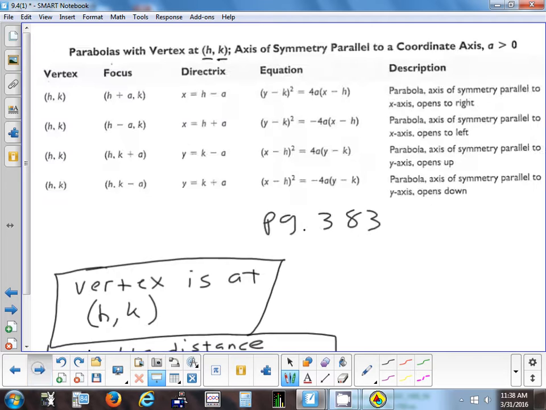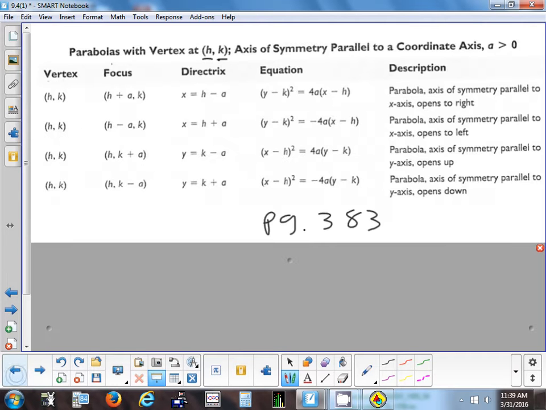So if I just make one up, let's just say x minus 3 squared equals 4y plus 2 squared. You have to be very careful when you identify x and h here. Did I forget the a? Yeah, you forgot to put the a in. No, a is 1. Oh, yeah.